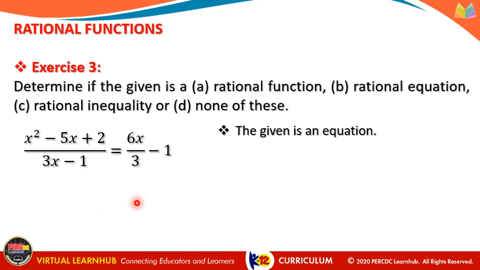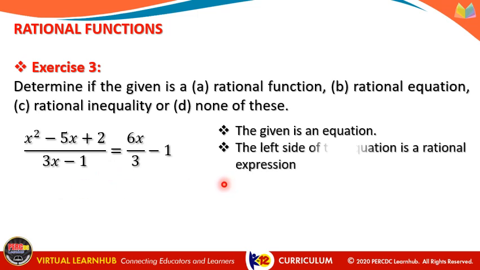Now, rational equation ba siya? So again, bago natin sabihin rational equation nga ito, i-check muna natin. Yung left side ba at yung right side ay parehas ba na rational expression? Now, as you can see, yung left side is a ratio of two polynomials. Therefore, the left side is a rational expression.